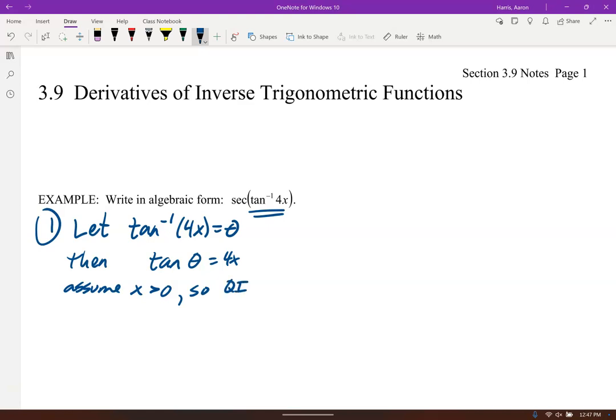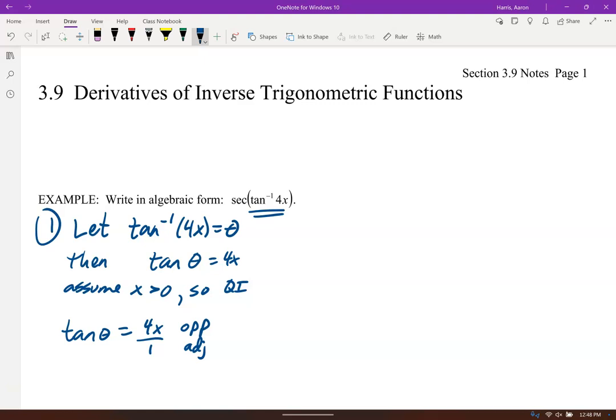Okay. So let's go ahead and set this up. We have the tangent of theta equals 4x, or 4x over 1. Remember, SOHCAHTOA: sine is opposite over hypotenuse, cosine is adjacent over hypotenuse, tangent is opposite over adjacent, right? Or I was taught, oh heck, another hour of algebra for sine, cosine, tangent.